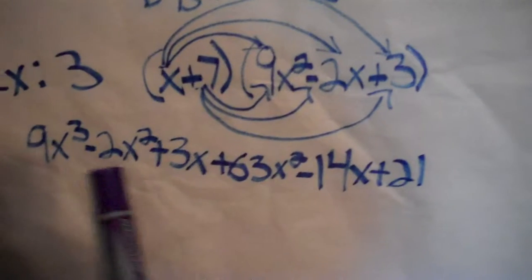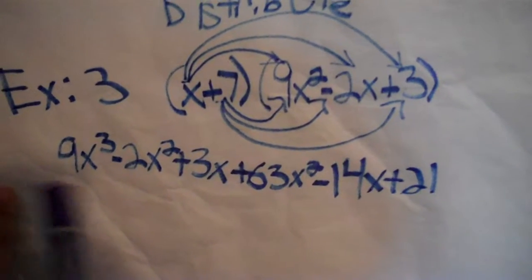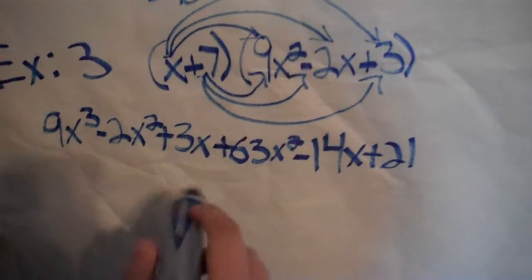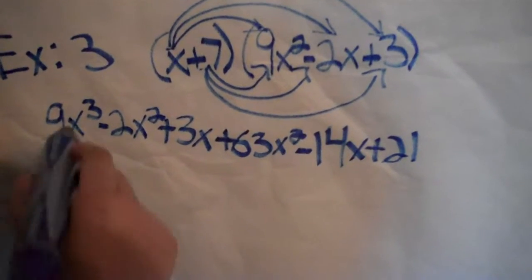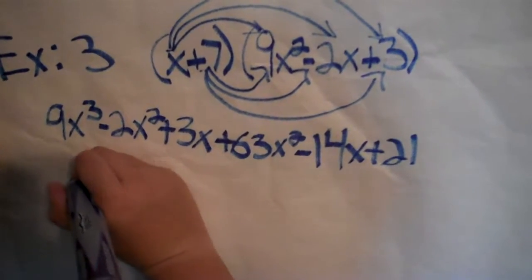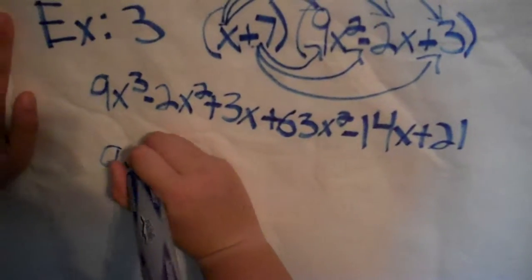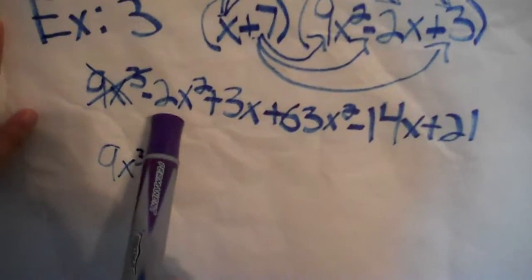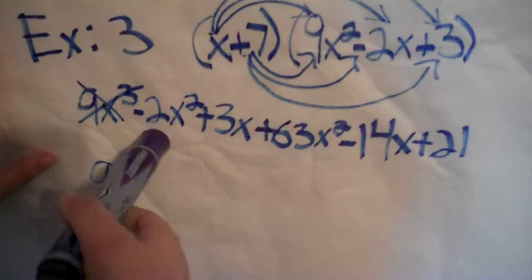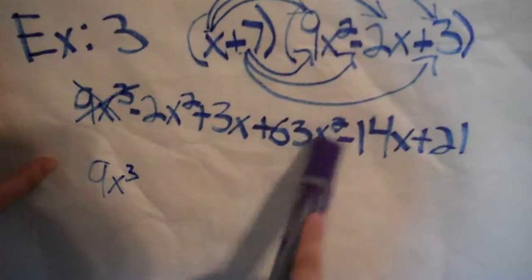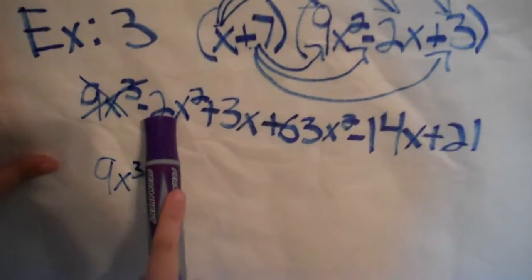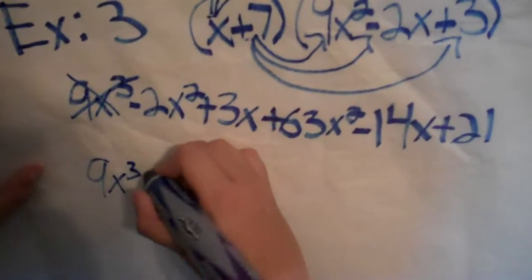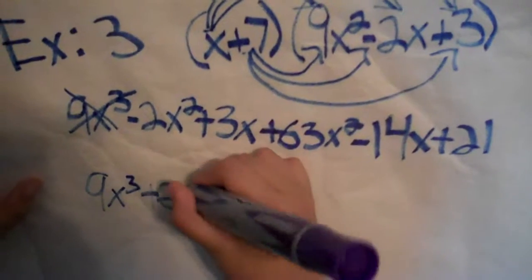So we get this long problem that we have to simplify. By simplifying it, we just add the like terms, and since 9x cubed is by itself, we just bring it down, cross it out to make it easier. Next we have negative 2x squared, so we look for another x squared, this one right here. Negative 2x squared plus 63x squared is positive 61x squared.